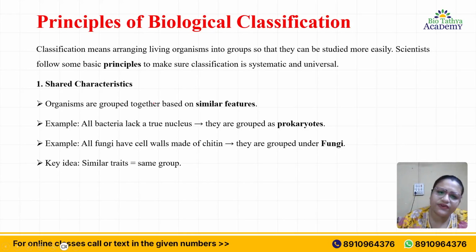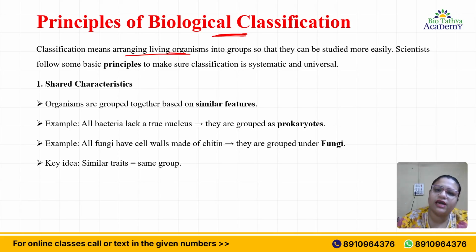So if I go into the principles of biological classification, why do we need the principles? Like, why do we need a classification system to come into play? Classification basically means arranging the living organisms. Think of a store.